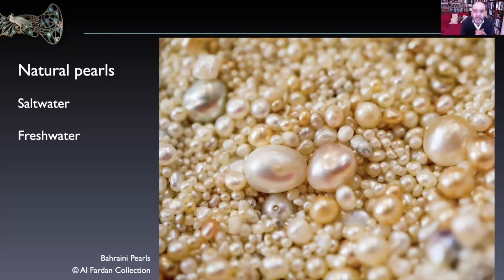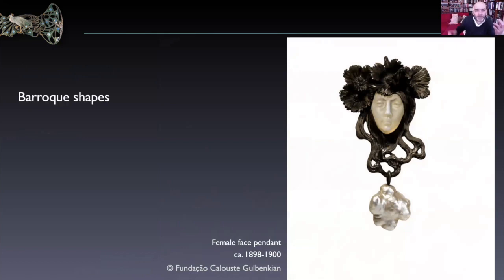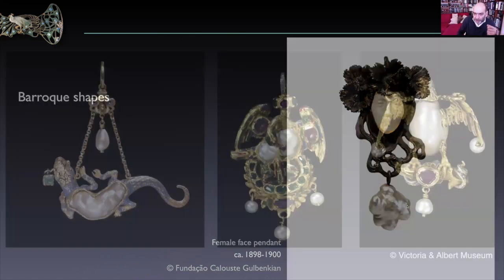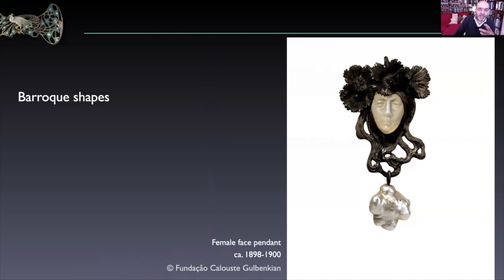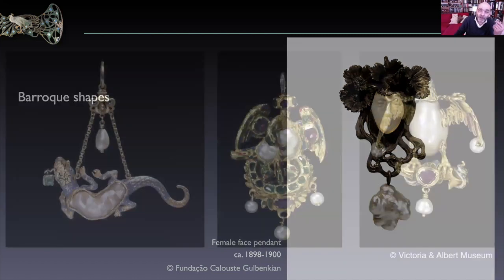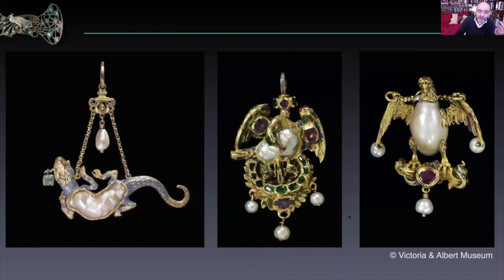And here we can see the typical kind of shapes that he loved, the Baroque. Baroque meaning with no axis of symmetry. And if we look here, we see drops. He uses a lot of drops, and he recovers the models and the aesthetics of the Renaissance of the 16th and 17th century, where you can see pearl drops.